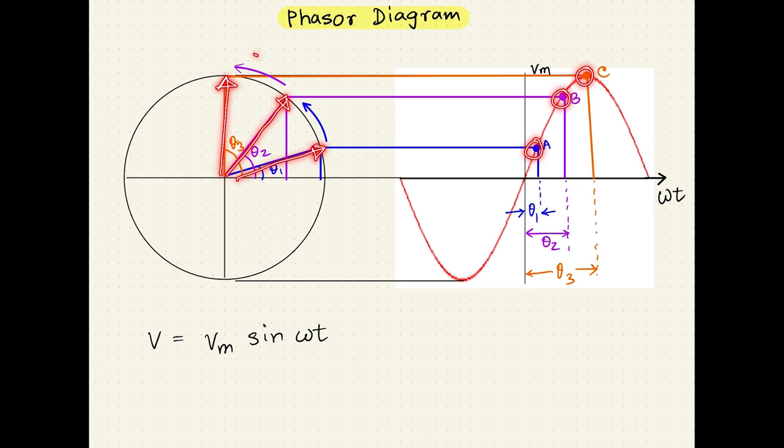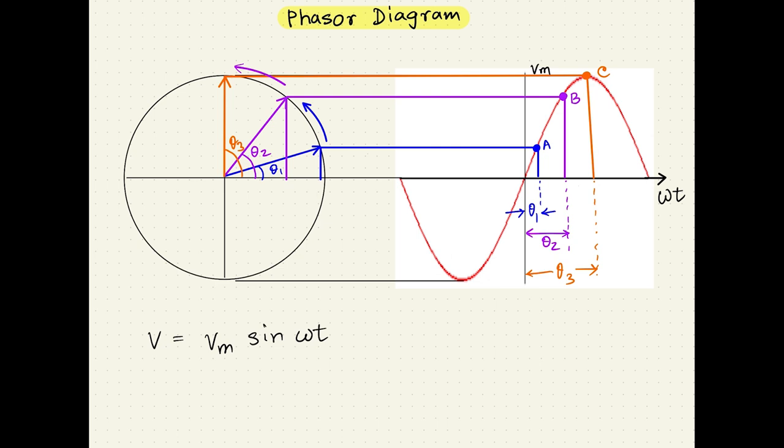Now, if we look closely, we will see that all the vectors have the same magnitudes. But their angle is indeed the phase of the sinusoid at a particular time. And as time increases, the vectors are moving in the counterclockwise direction. So it seems like there is a single vector which is just moving in the counterclockwise direction. And so here comes the concept of a phasor.